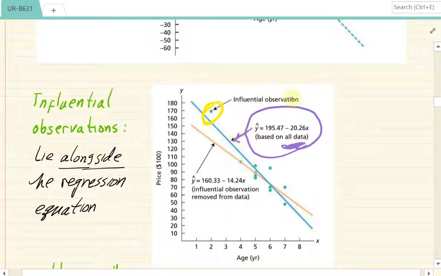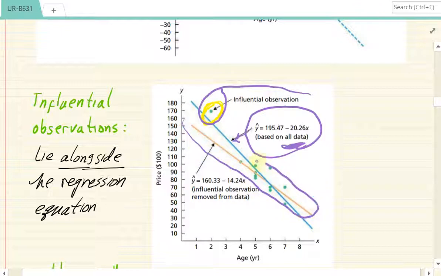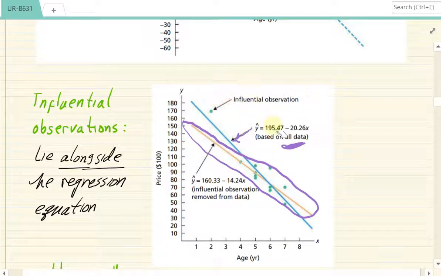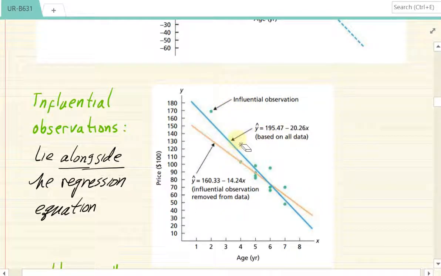Now, once you remove this one observation, once you remove that influential observation, look at the line now. See what happened? The slope of the line actually changed. So the inclination or the slope of a line actually changed. So influential observations actually influence the slope of the regression line.